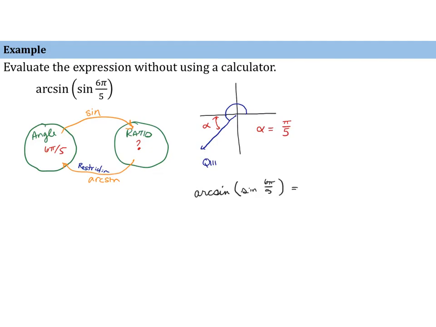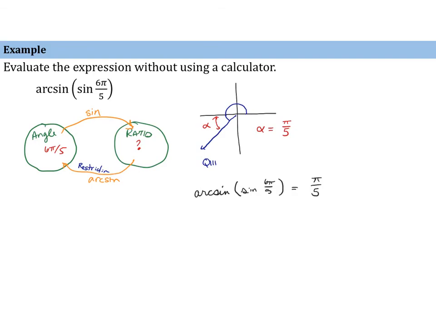But it's not going to be that angle 6 pi over 5. It will have the same reference angle. But now we have to figure out how to get that angle in the appropriate quadrant with the appropriate restriction. So it has to be between negative pi over 2 and pi over 2.